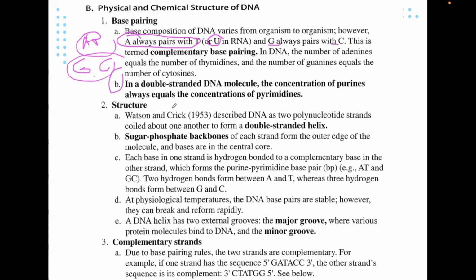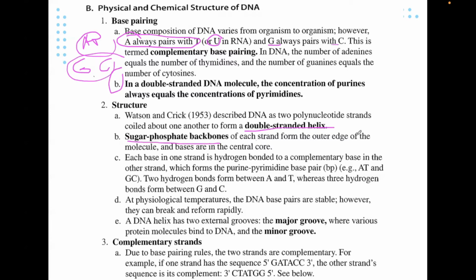Another one is the structure of your nucleotides or your DNA and RNA or your nucleic acid. Watson and Crick in 1953 described the DNA as two polynucleotide strands coiled about one another to form a double-stranded helix. And then the sugar-phosphate backbones of each strand form the outer edge.